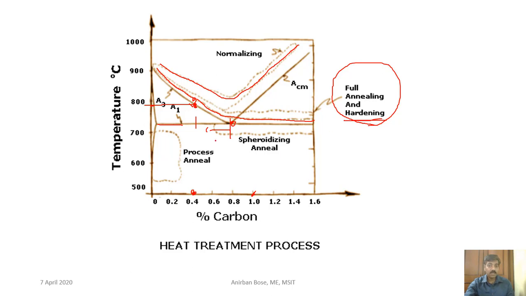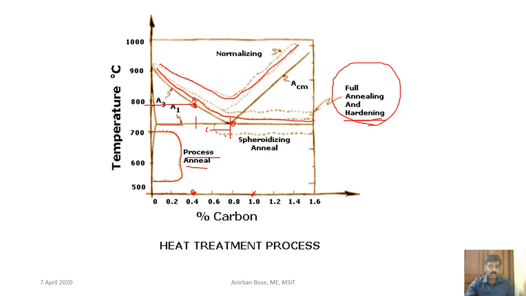Okay, now another process is there, which is called the process annealing. Process annealing is not the full annealing, and you can see the temperature range is below the eutectoid temperature or the lower critical temperature.